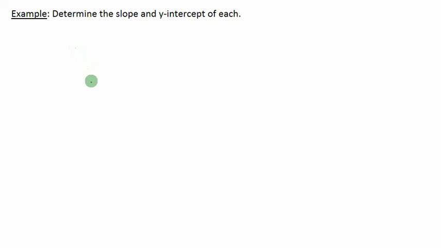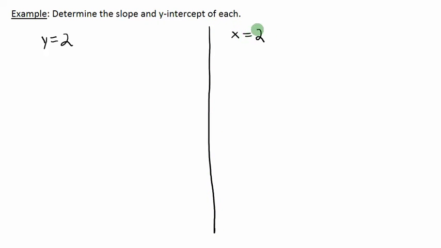Now we're going to look at a couple tricky examples. Determine the slope and y-intercept of each. So if I give you the equation y equals 2, that'll be one of the examples we'll look at. The other equation, maybe x equals 2. This equation, if you want it as y equals mx plus b, you could think about it as being, since there's no x here, you could say 0x, because 0 times x is 0 plus 2, right?